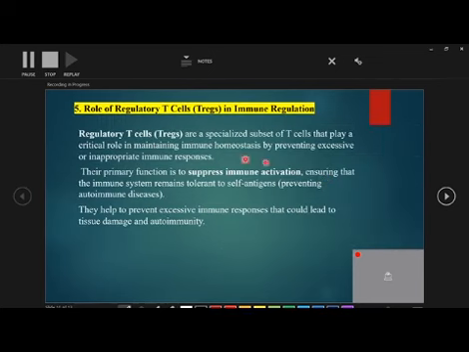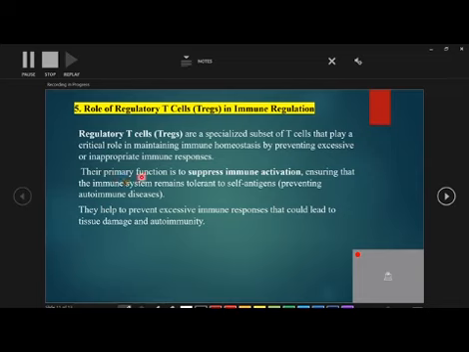So let's dive to the last question, which is the role of regulatory T cells in immune regulation. Regulatory T cells are specialized subsets of T cells that play a crucial role in maintaining immune homeostasis by preventing excessive or inappropriate immune responses.